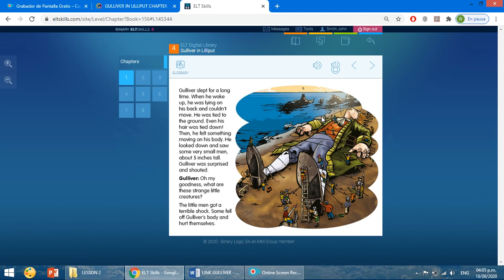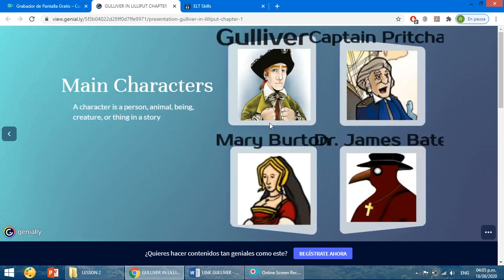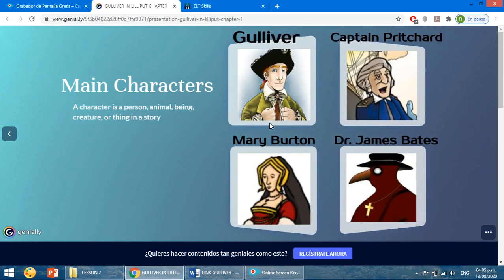Now we are going to stop in this part because this is chapter 1. And in this chapter appear some new characters. Okay? A character is a person or an animal or a creature or thing in a story. When we talk about movies, for example, we talk about actors.